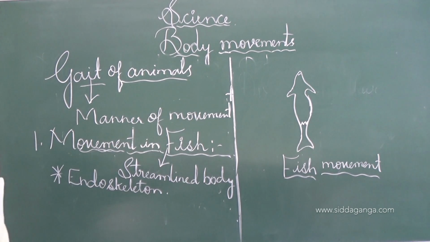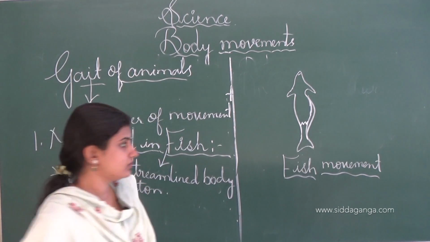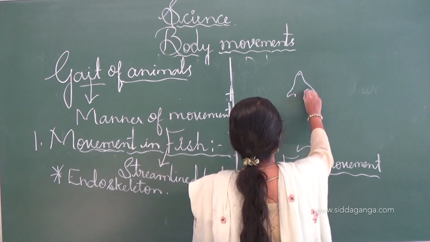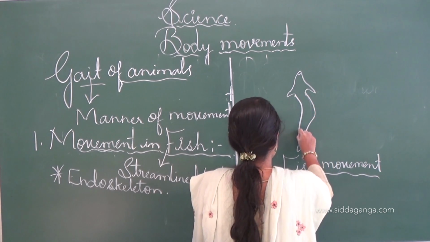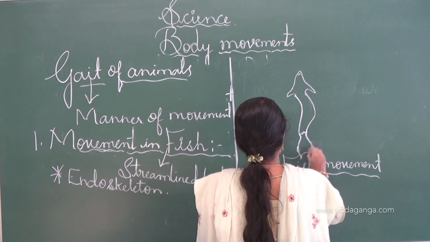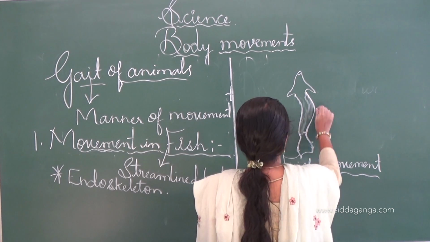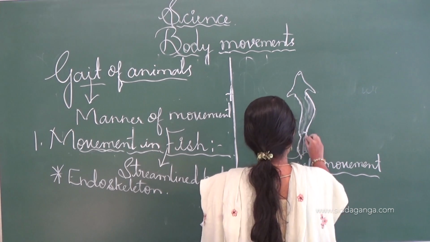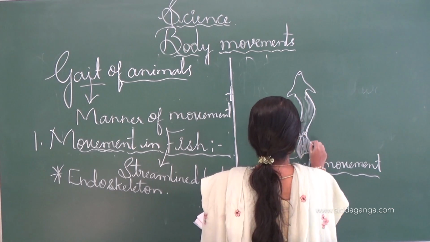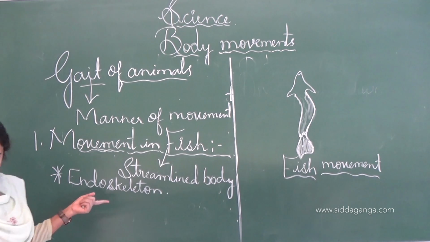This is the fish movement. In fish movement, the fish forms a curve, makes jerks and pushes.